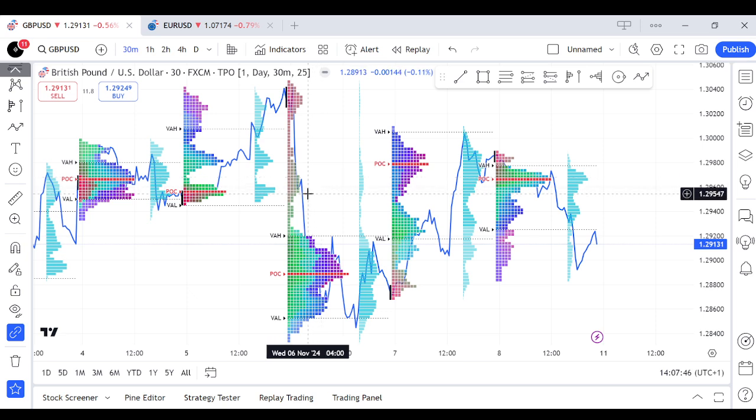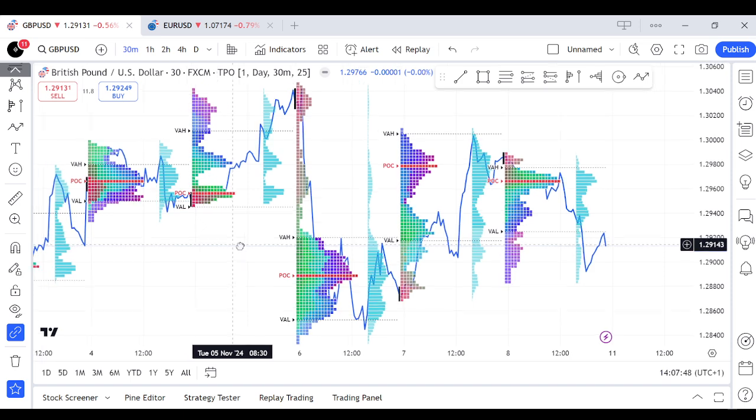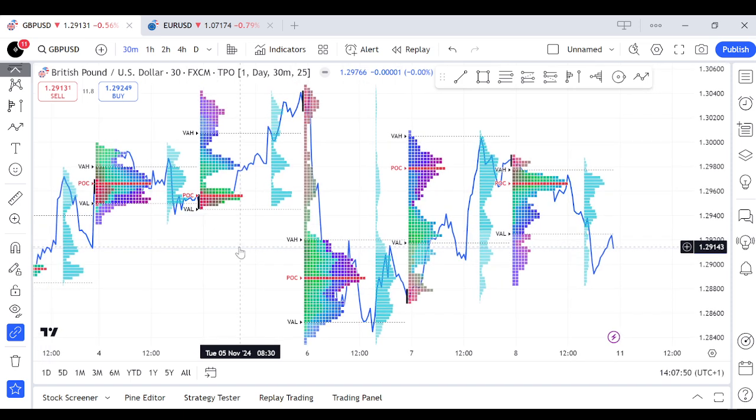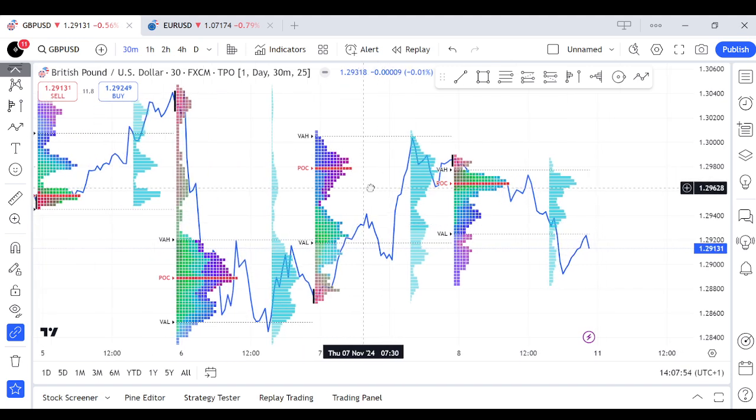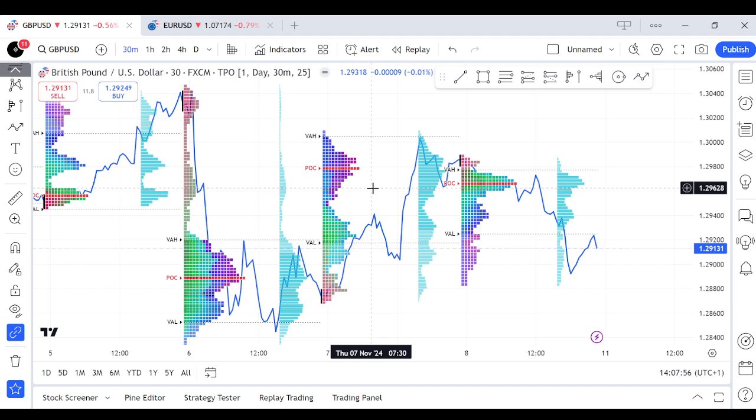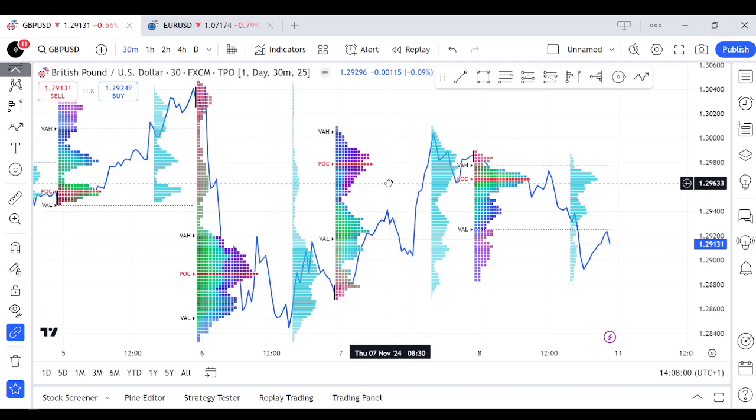So the next is using the point of control for support and resistance. So consider entering trades when price bounces off the point of control or breaks through it with conviction. So these moves can signal potential trend continuations or reversals.